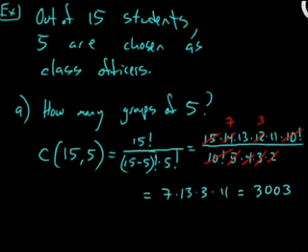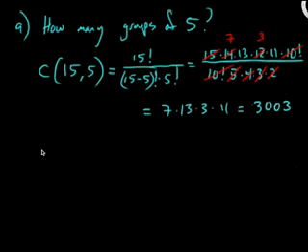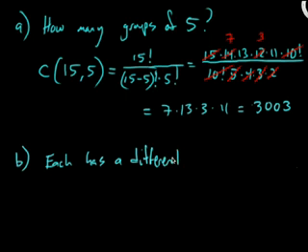Now let's consider the same example, except what if while we're selecting these groups, we are choosing their positions as class officers, so each has a different responsibility. I'm still choosing 5 students, but this time the order does matter.